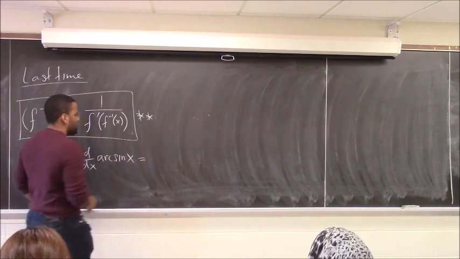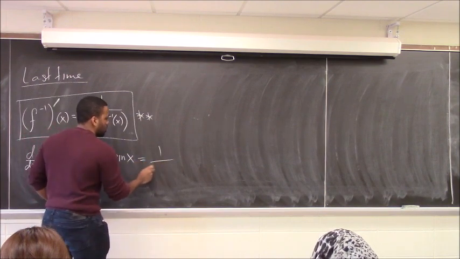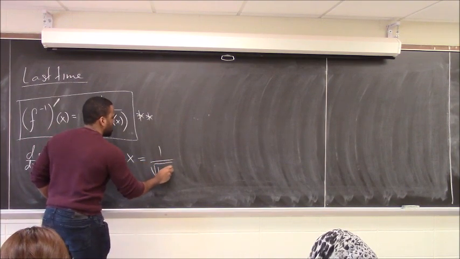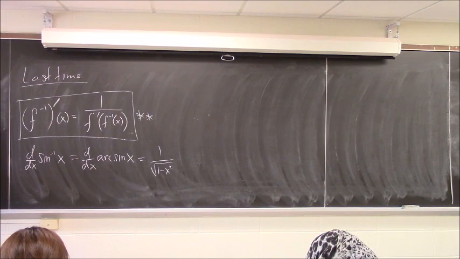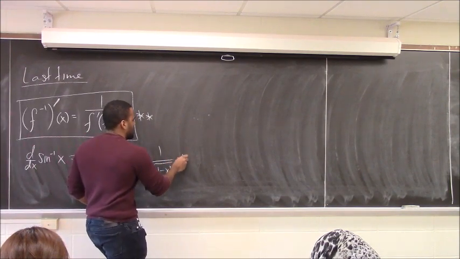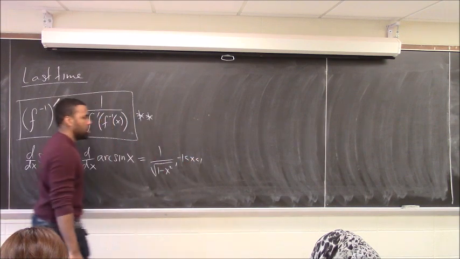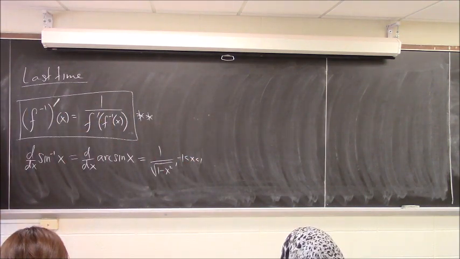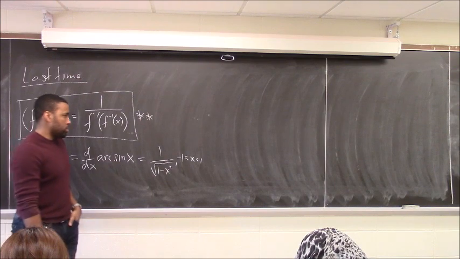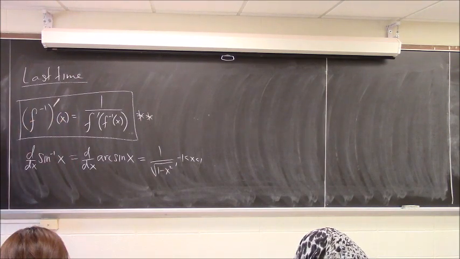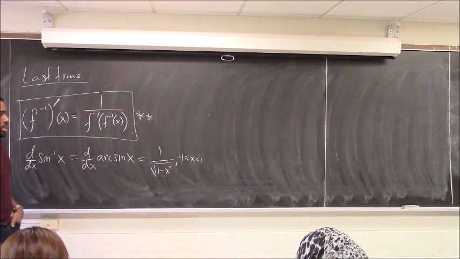And to differentiate this, we found that this was 1 over the square root of 1 minus x squared. And it turns out that this only works in a certain range. So if your x value is between -1 and 1, not inclusive, then that is how you would differentiate the arcsine.